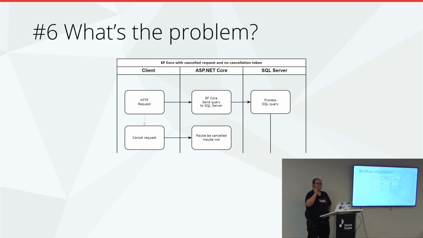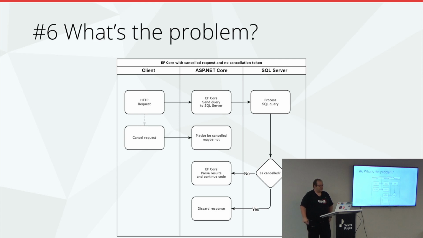But if you do not pass the cancellation token to EF Core, it will just keep on going. Because it doesn't know it's been canceled, it's just going to process further.